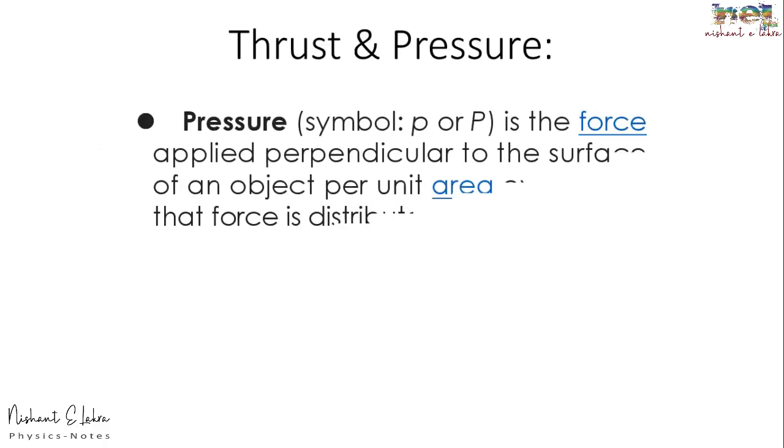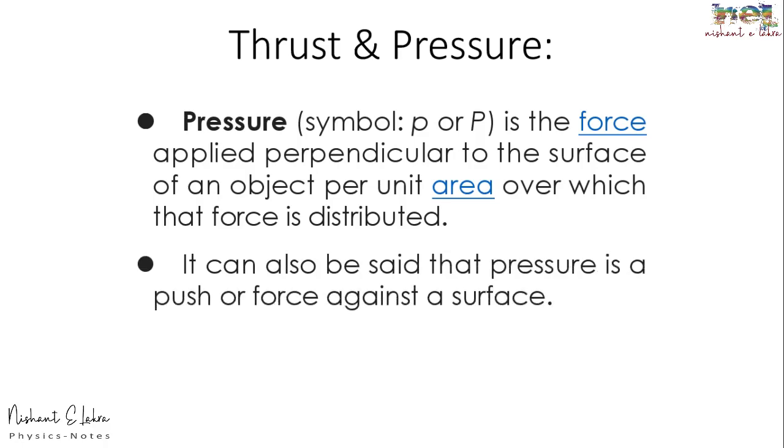Now let us understand about pressure. It is symbolized by lowercase p or uppercase P. It is the force applied perpendicular to the surface of an object per unit area over which that force is distributed. Now remember, this pressure also depends on the area.